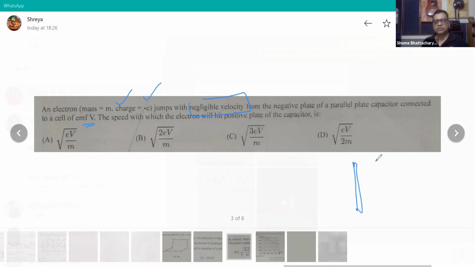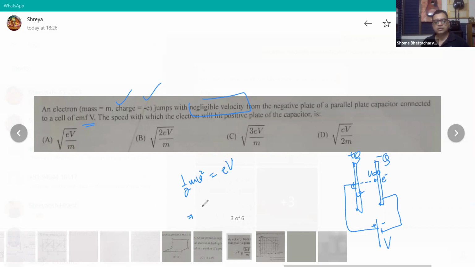So this is the negatively charged plate, connected across a voltage V. If an electron starts from here at u tending to 0, by the time it reaches here it has a speed v. So the kinetic energy of the electron is going to be charge into voltage. So v should be equal to.